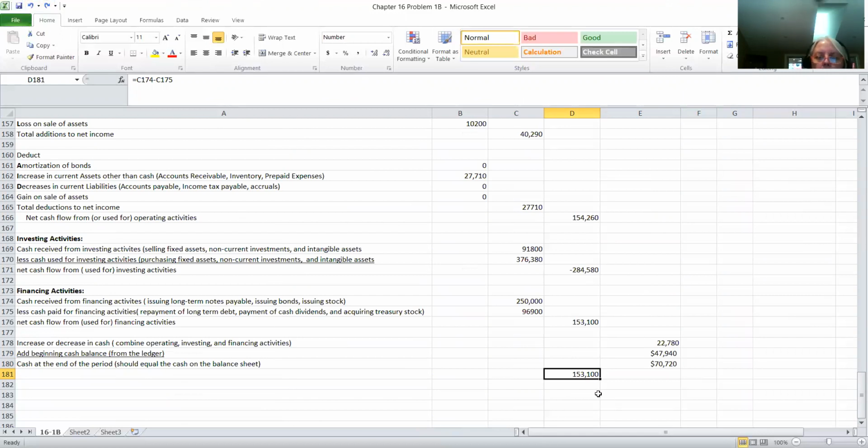And I'm going to leave that in there so that this shows up properly as the correct amount that you would have there. So let me check my figures again here.